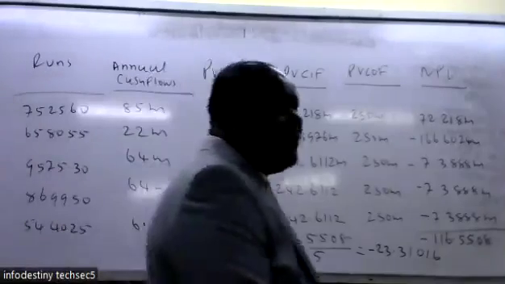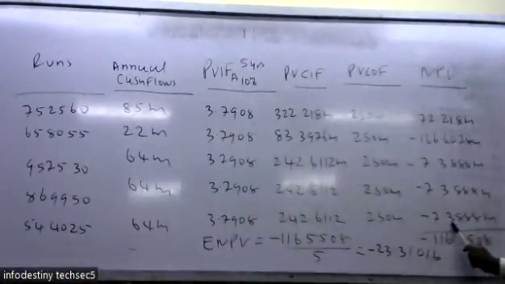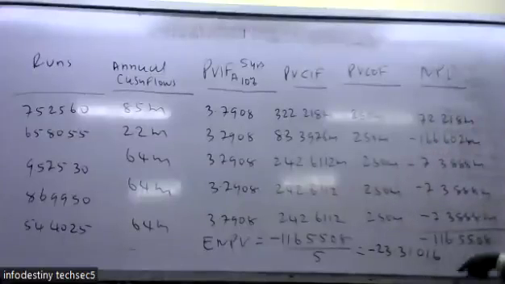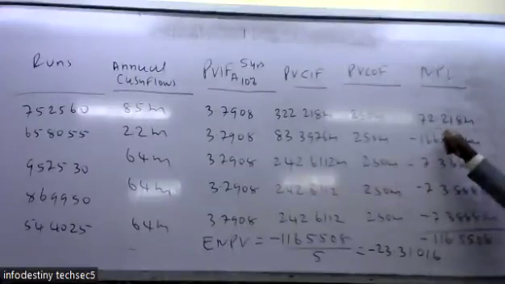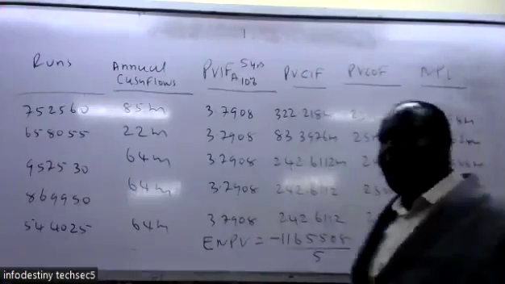The runs which are negative, yes, but the positive is only 1. So the probability will be 1 over the total. The successful one is only 1 run, but the total is how many runs? 5.